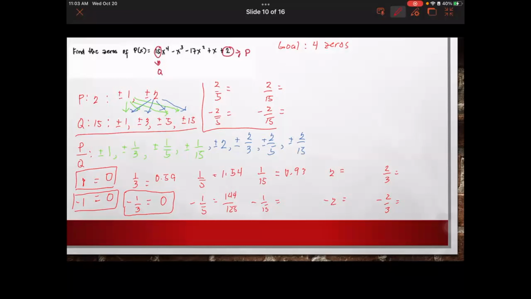For -2, it's Junela. 2/3, Tianson. -2/3, Balanag. +2/5, Dolisen. -2/5, Vargas. 2/15, +2/15 is Del Mundo. And -2/15, Pulintan.